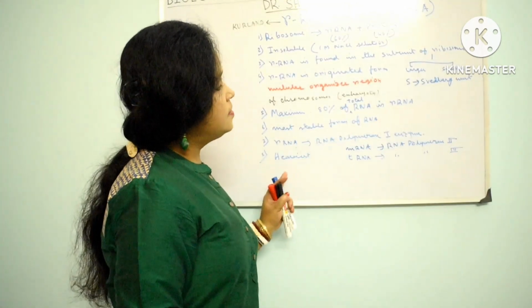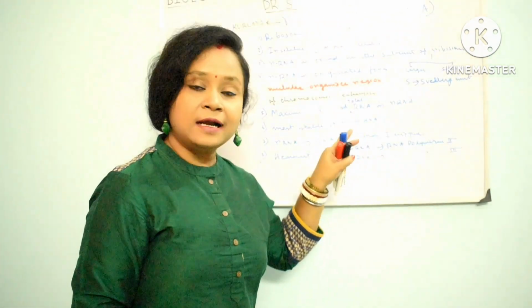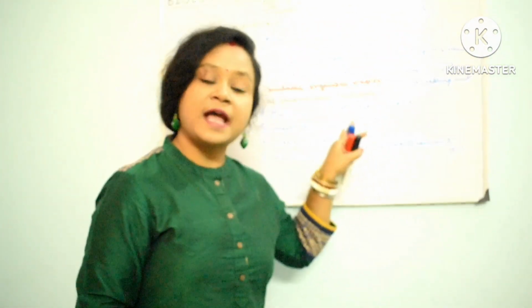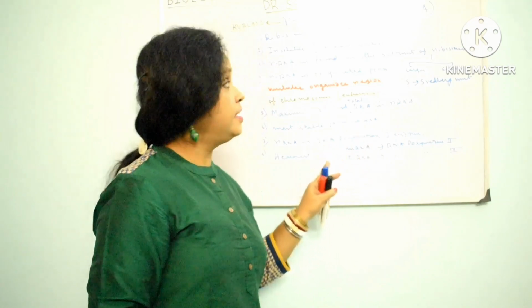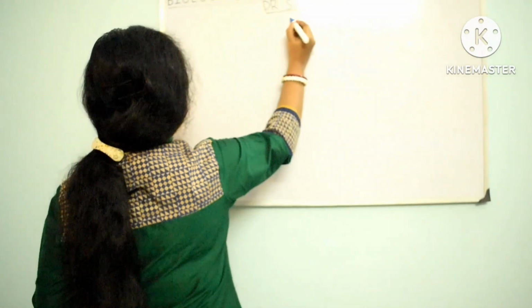Now let's concentrate on the ribosome and its subunits and their relationship with ribosomal RNA, which is our point of discussion today. Ribosomes are of two types.